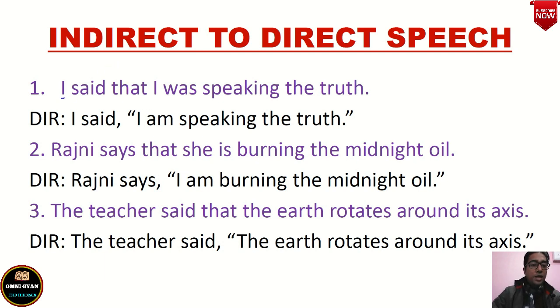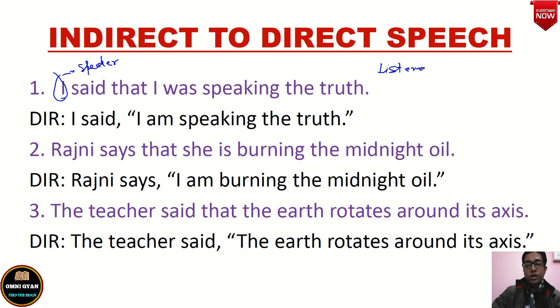Who is the speaker? I said. That means I is the speaker here. I यहाँ पे speaker है. And if you look at the sentence, there is no mention of listener. Okay, I said that I was speaking the truth. Said to whom? That whom is absent here. So listener is missing in this sentence.